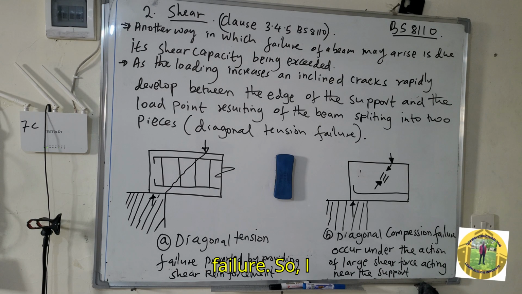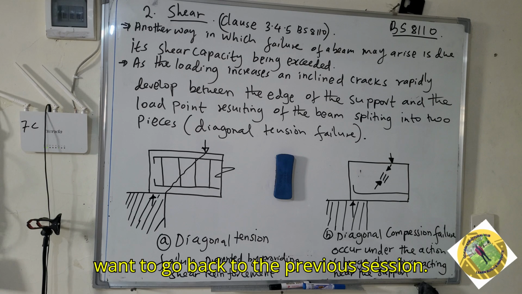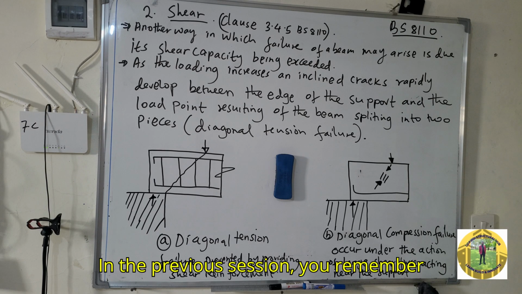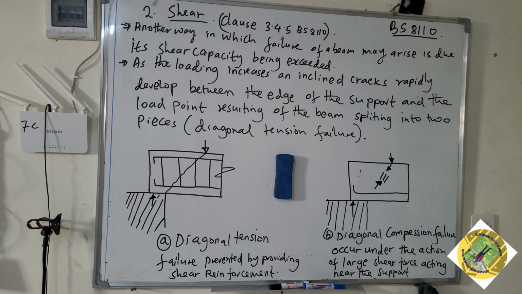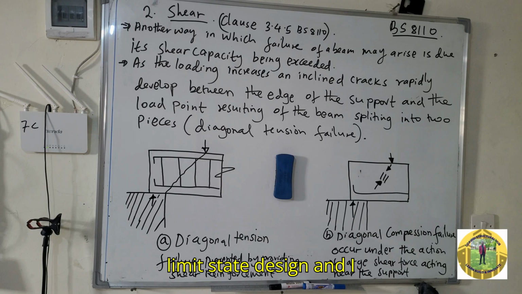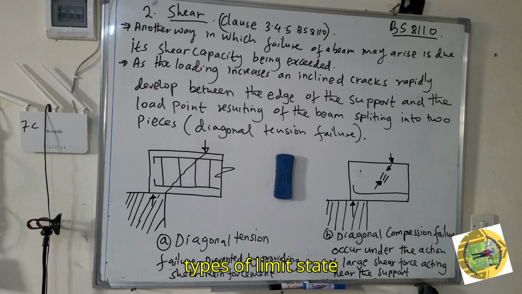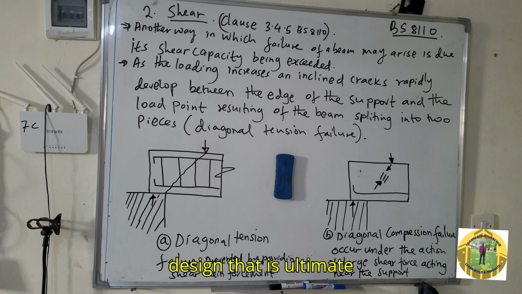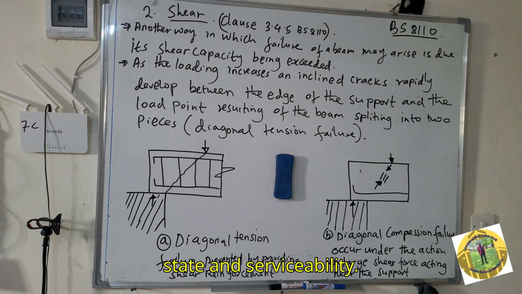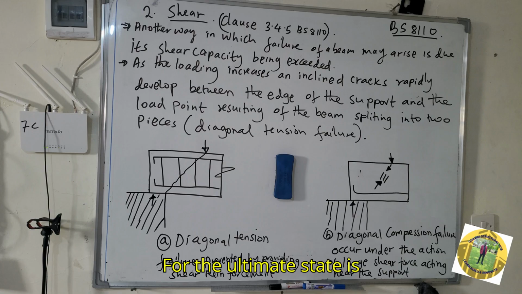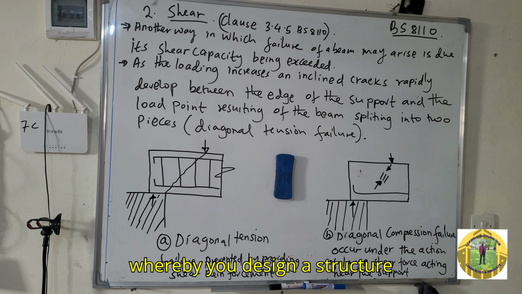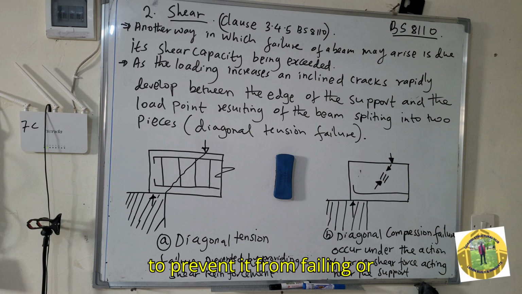I want to go back to the previous session. You remember I talked about limit state design, and I said that we have two types of limit state design, that is ultimate state and serviceability. For the ultimate state, you design a structure to prevent it from failing or collapsing.